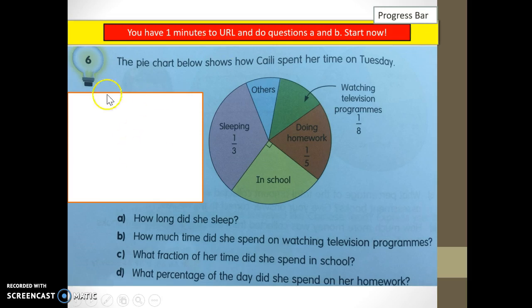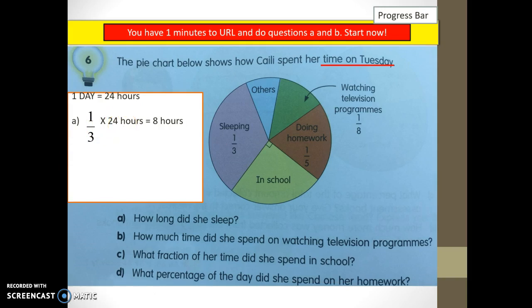How long did she sleep? You know she slept for 1/3 of the day. But what does it mean? I'm sure you underlined on Tuesday already. And you know that one day is equal to how many hours? Say it. One day is equal to how many hours? That's right, 24 hours. If she slept 1/3 of the day, that means she slept 1/3 of 24 hours, which is 8 hours.